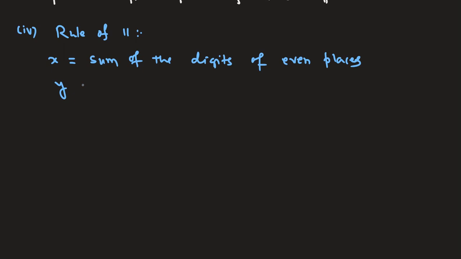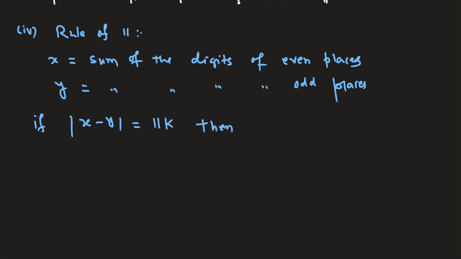Now y is equal to the sum of the digits of odd places of that number. If x minus y, its difference, is a multiple of 11, then we can say that 11 divides that number.